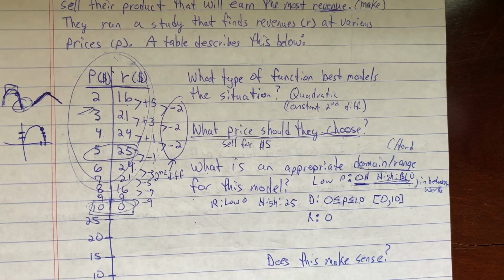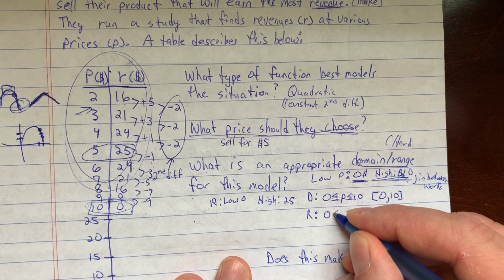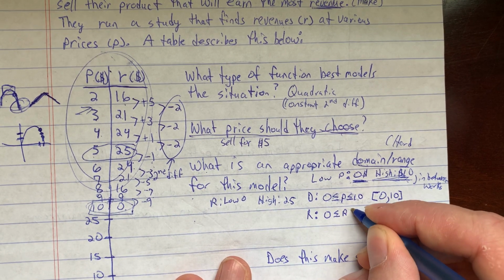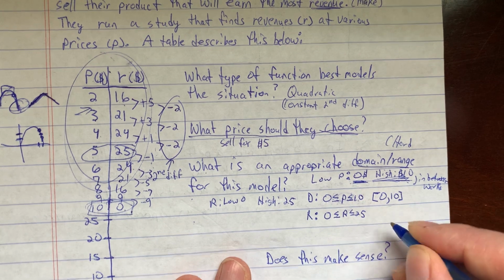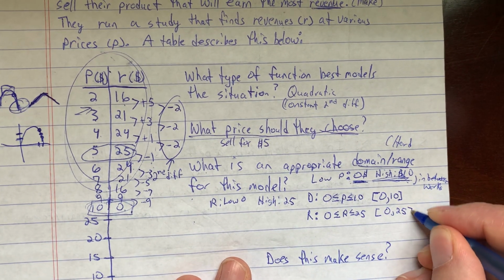There is some price I could charge that would lead to me making $21.30. And so I know it's going to be continuous. And so 0 is less than or equal to R, which is less than or equal to 25, or of course 0 to 25.